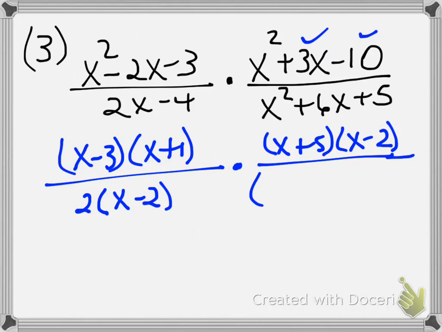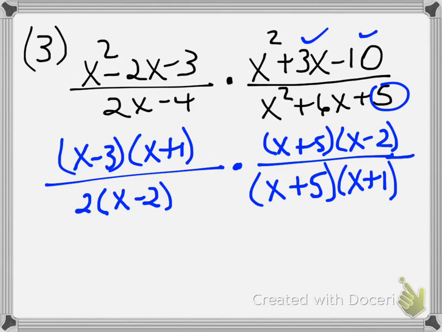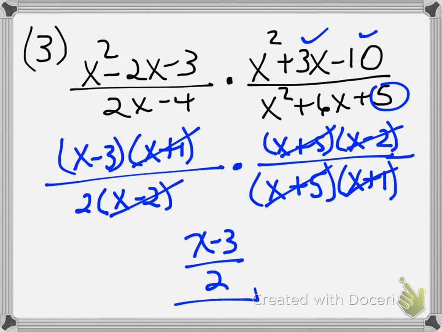And then for that denominator, we have x plus 5 and x plus 1, because 5 and 1 multiply to give me 5 and add to give me 6. So let's cancel x plus 5 with x plus 5, x minus 2 cancels, x plus 1 cancels, and you're left with x minus 3 over 2.